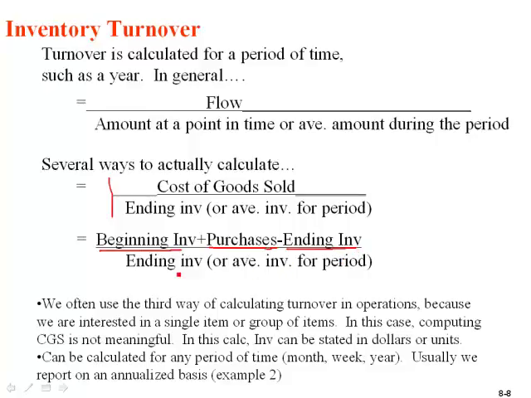Just like before, we can divide that by the average inventory for a period if we know it, or we could just arbitrarily pick our ending inventory level or any other inventory level at any other point in time and just assume that that's representative of our average inventory level. So let's look at an example of this way of calculating inventory turnover.